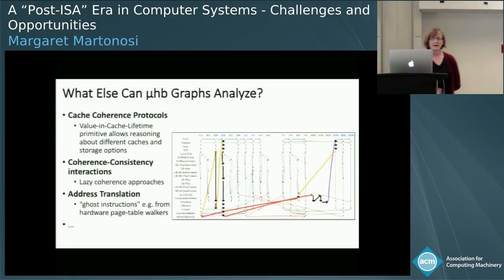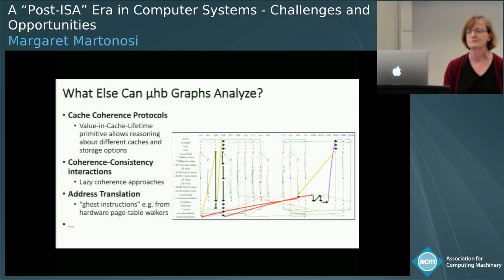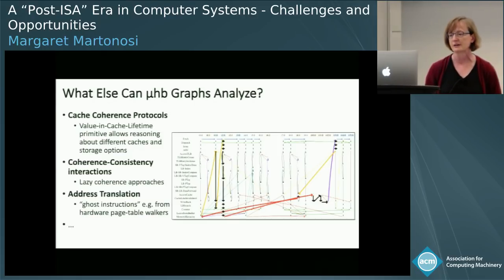So I'm not going to go deeper and deeper into the different tools in that stack overall, but I will say that we have at this point gotten this style of very hardware-aware happens before graphs to cover a pretty broad range of types of scenarios.